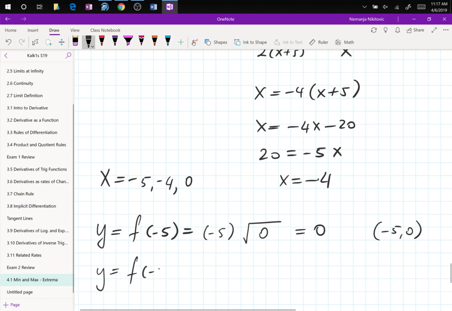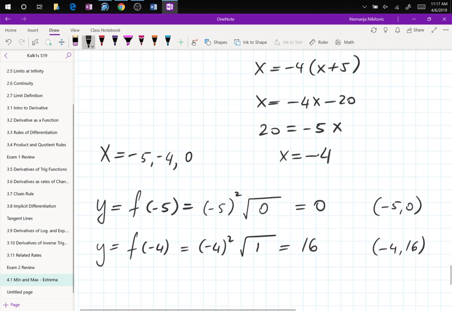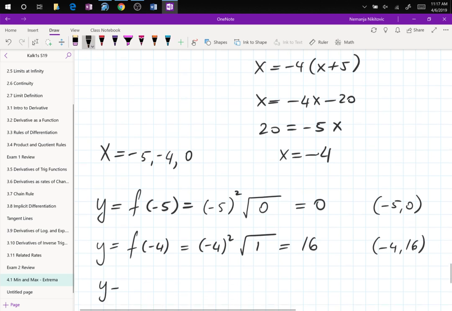Then of negative 4, that's negative 4 squared times the square root of 1, which is 16. So negative 4 and 16. And finally 0 is going to be 0 squared times square root of 5, which is 0. So 0, 0.